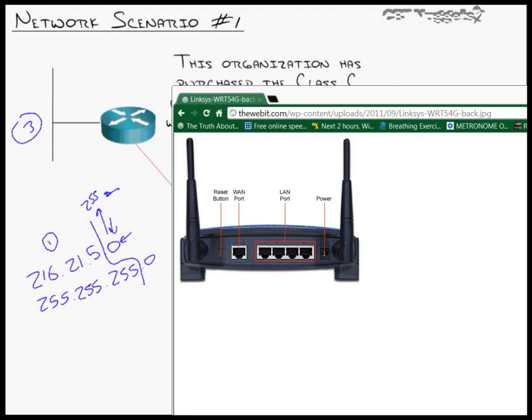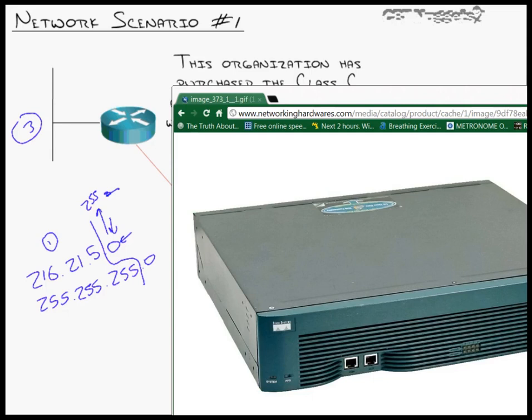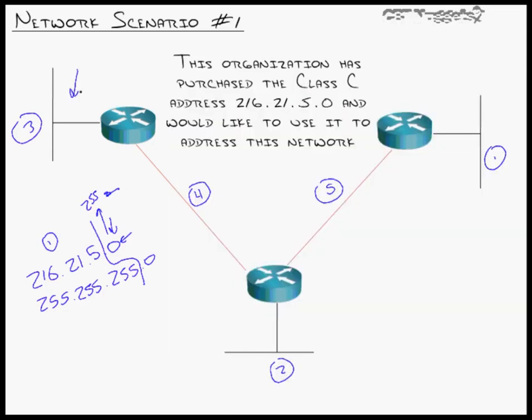Here you can see in this small office, home office router, you've got your WAN port and your LAN port. Every router has 2 interfaces. You must assign a subnetwork for every one of these locations, including the WAN links.